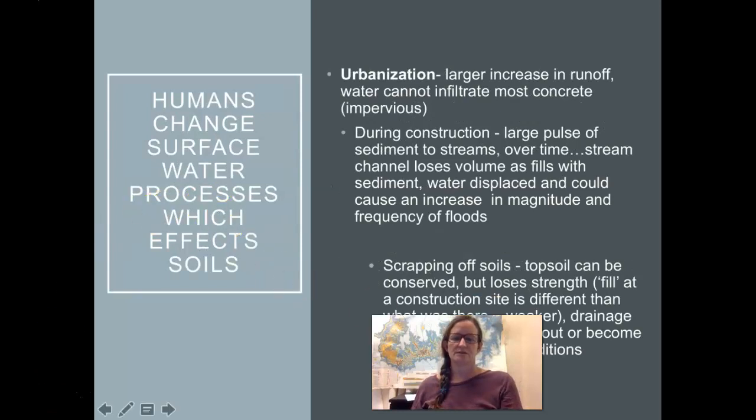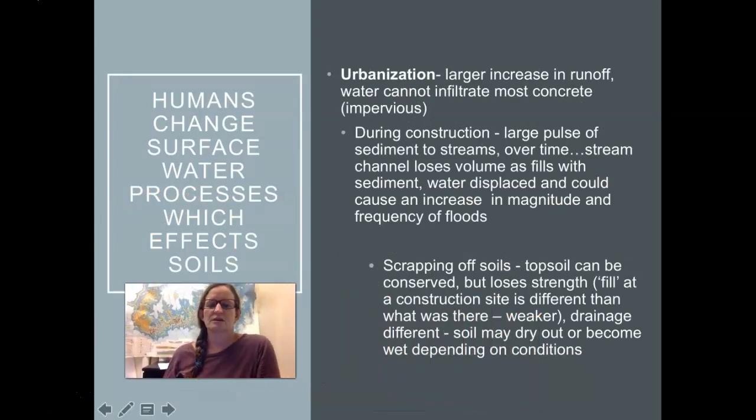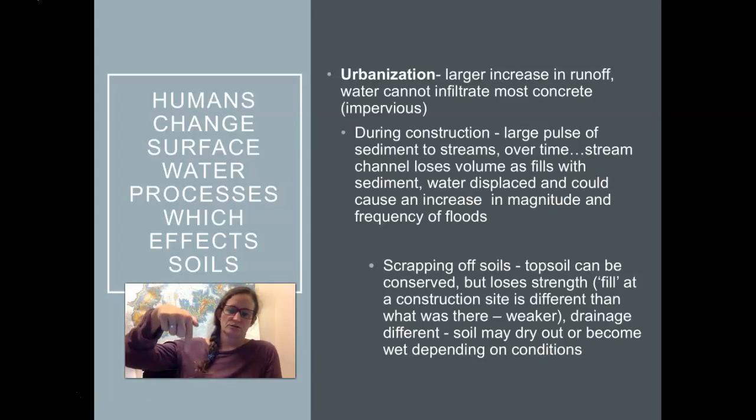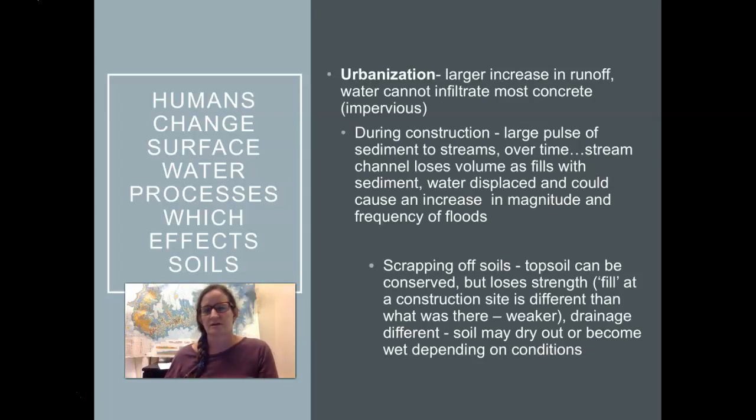All right, urbanization. Urbanization really involves adding impervious surfaces. That is, surfaces where the water can no longer infiltrate through the soil to become part of the groundwater supply. It stops on that impervious surface, whether it is a building, a parking lot, a sidewalk, whatever it is, any pavement.